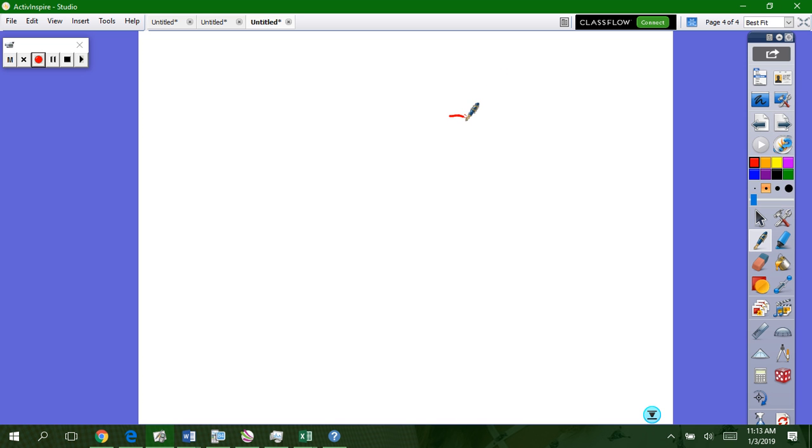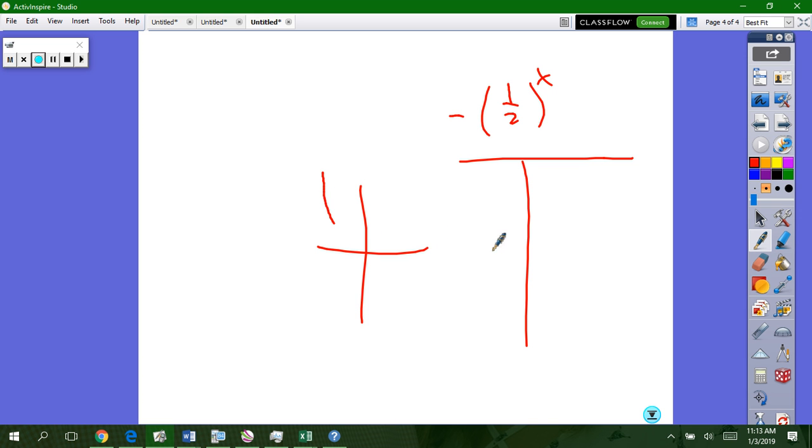If it looks like this, what does that graph do? It multiplies all the y's by negative one. So that's going to basically take this graph and flip it this way. That's what you're wondering. I just flip it this way. Cool.